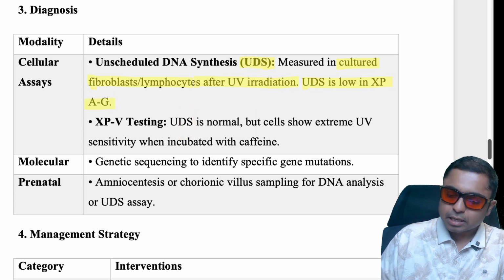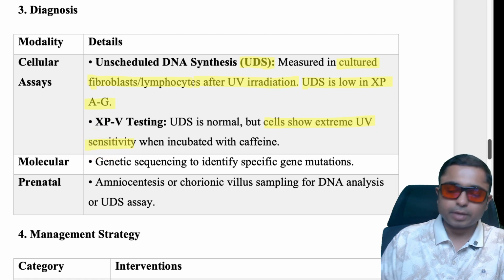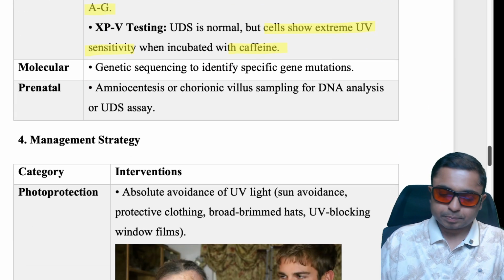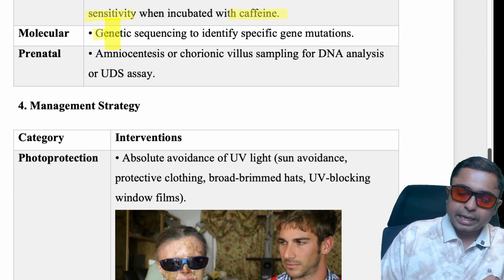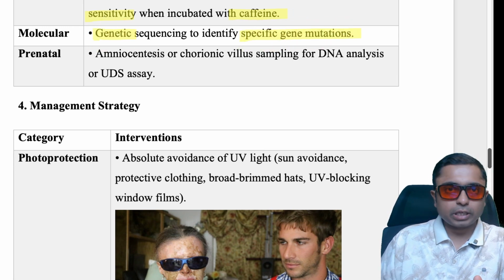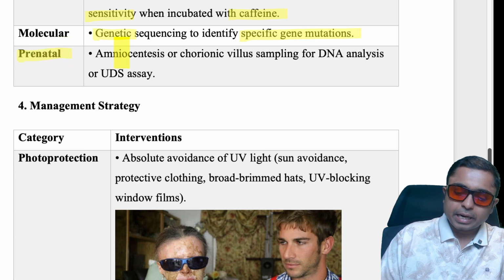In such a case, what we can do is that cells can show extreme ultraviolet sensitivity when they are incubated with caffeine.